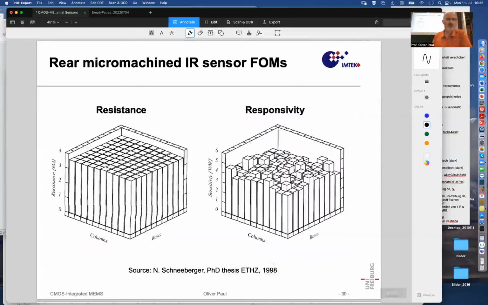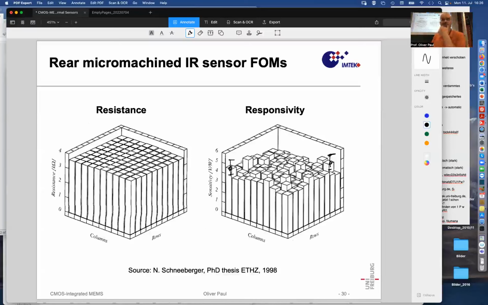Meanwhile, Niklaus Schneeberger characterized his pixels individually, and he determined their resistance to be quite homogeneous, these 3.6 kilo ohm that I mentioned before, and the responsivities, with certainly some errors, some error bar that I would request nowadays of my students, are also kind of homogeneous, and I don't know now how reproducible these numbers are.